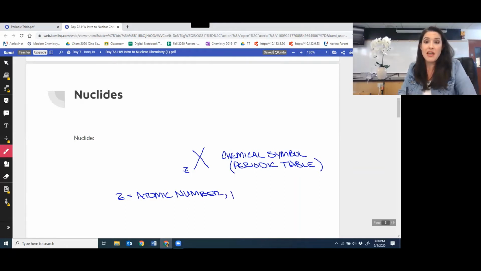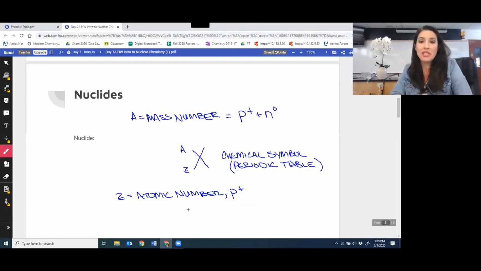And this is to say the number of protons, Z. Up here, you have the mass number, which we will call A. A is our mass number, and it's simply an accounting of how many subatomic particles we have in the nucleus, how many protons plus neutrons are in the nucleus. So there's a generic explanation of what nuclide notation is.